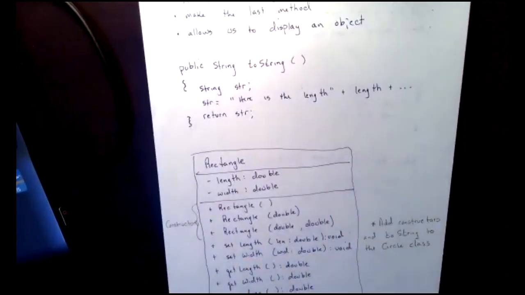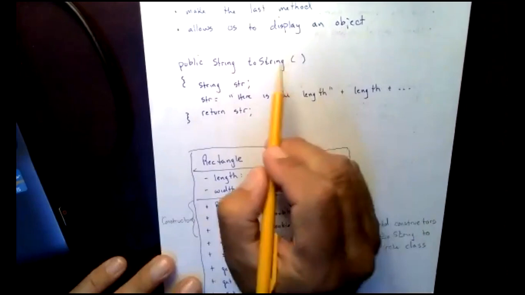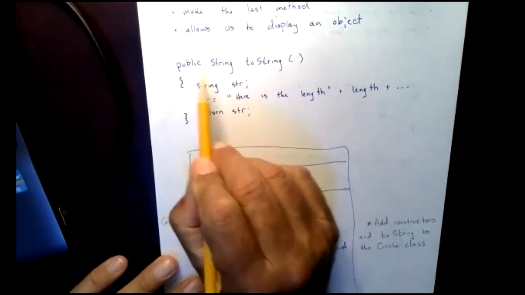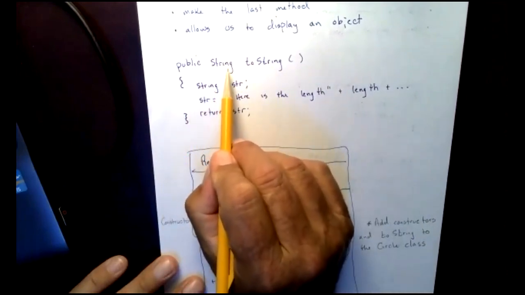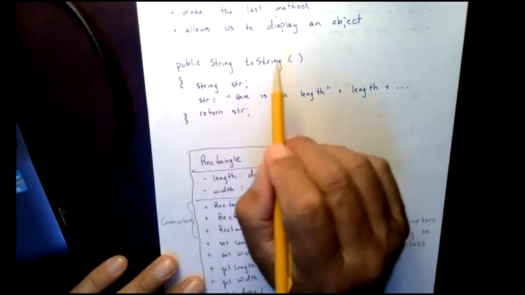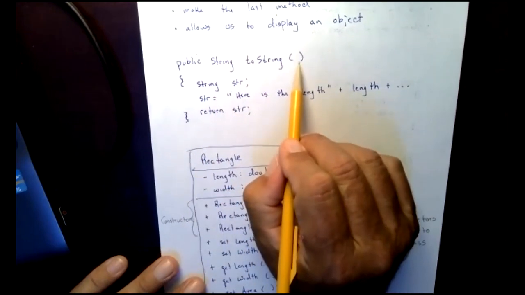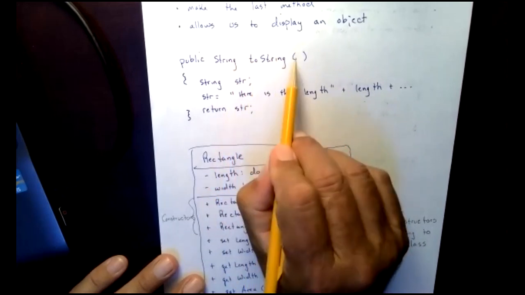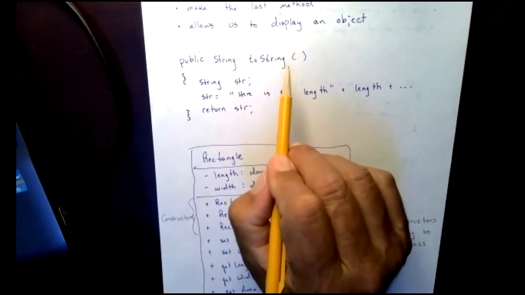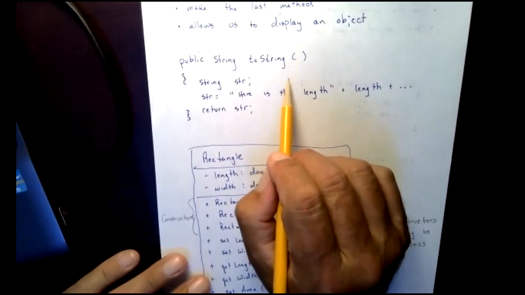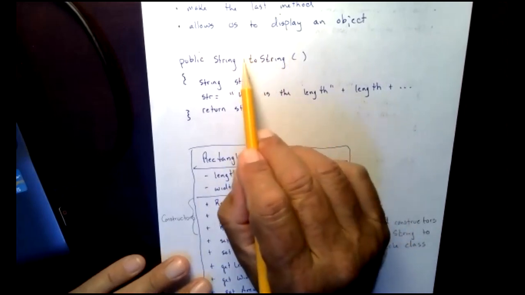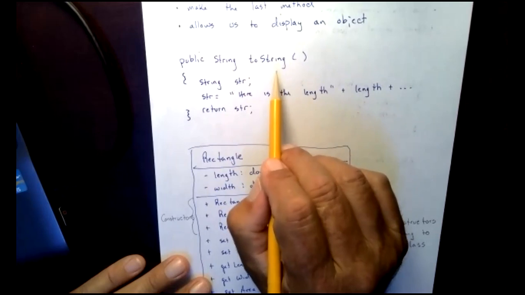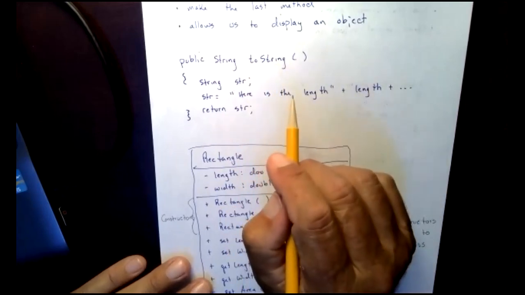All right, so let's look at the layout of a toString. Public String, that's my return type, String. toString, empty parentheses. Now, I don't have to use the toString anywhere over in my demo program. This will automatically be used when I go and try to print out circ1.